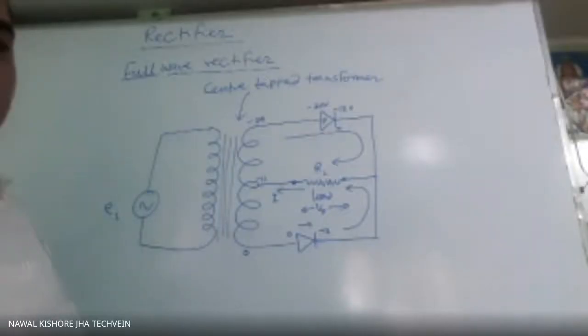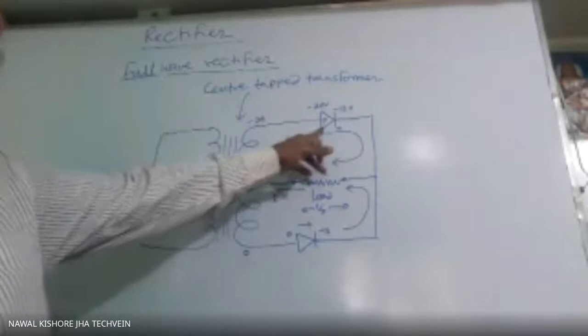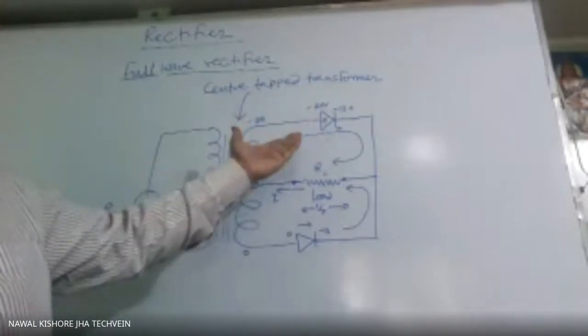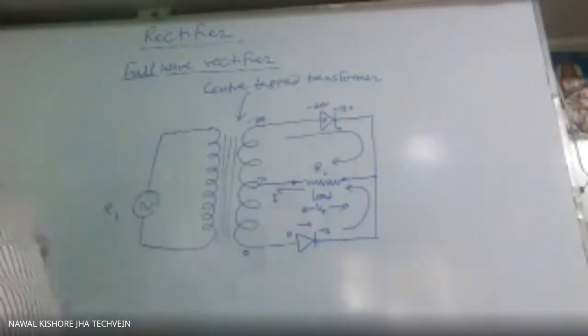Sir, when it is minus 24 volt, then it will be minus 12 volt. So at that time, what will happen? Which one is lower? So minus 24. This is P type, so P type is having less voltage. So it is reverse biased.